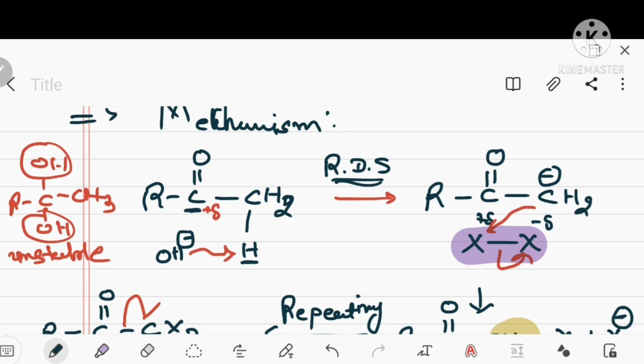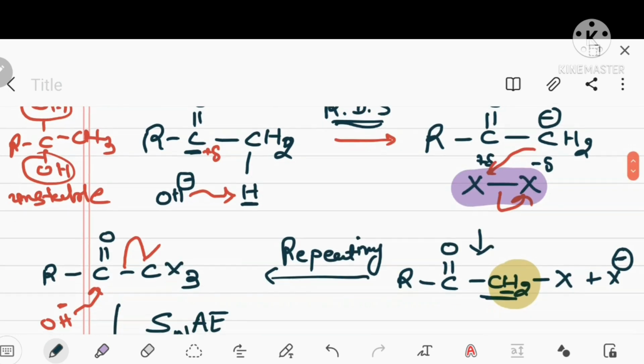The halogen molecule is actually polar due to induced polarization. So for that reason the carbanion is attached with that halogen and another X will be removed.